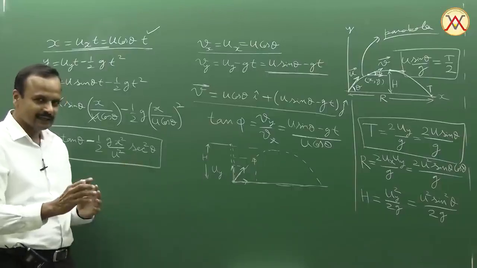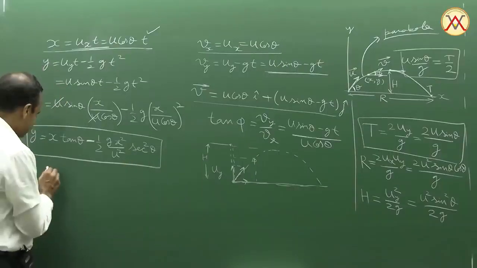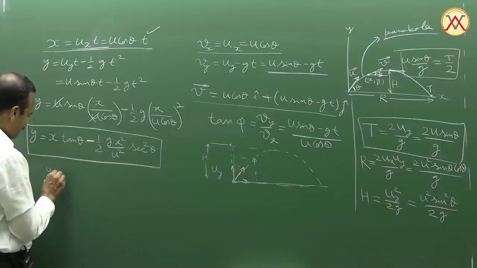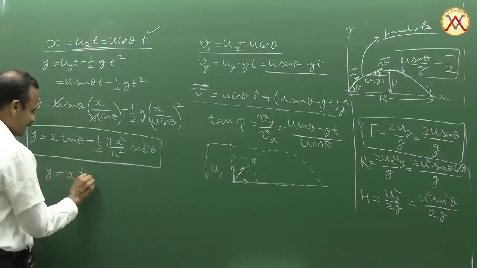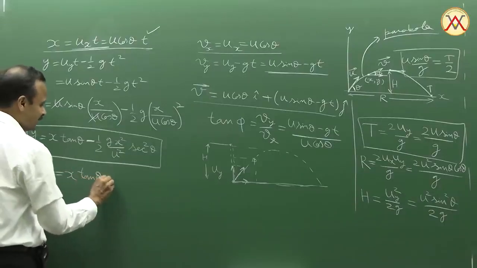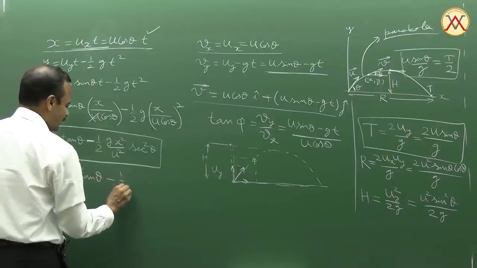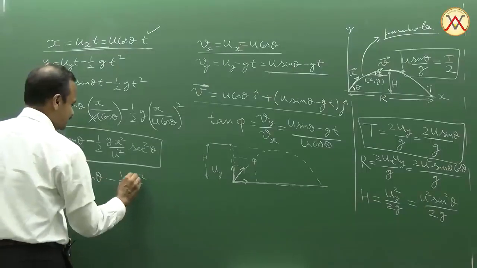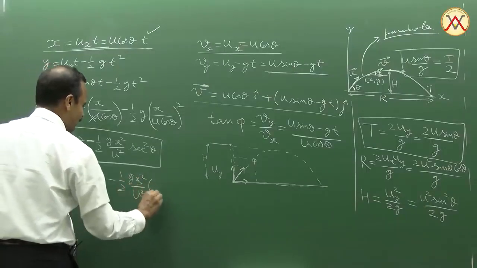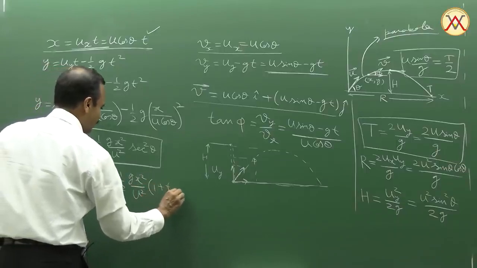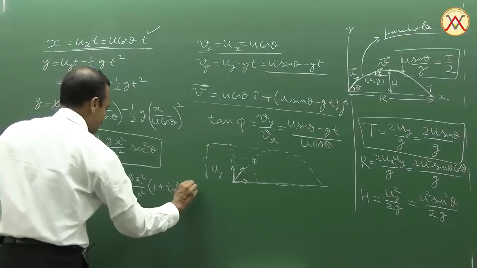This sec square theta can be written as 1 plus tan square theta. So if I write it like this, x tan theta minus half g x square by u square, I can write this as 1 plus tan square theta.